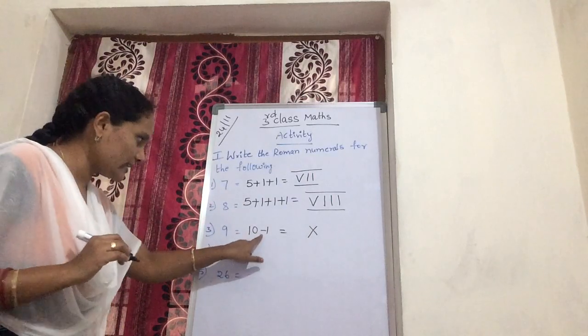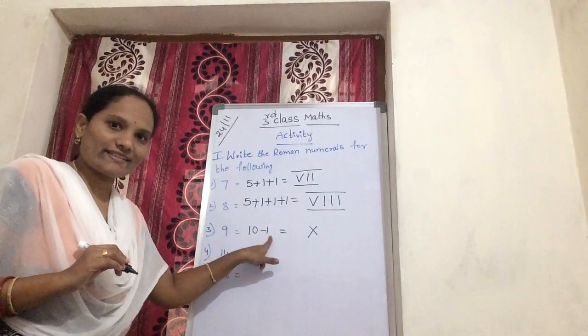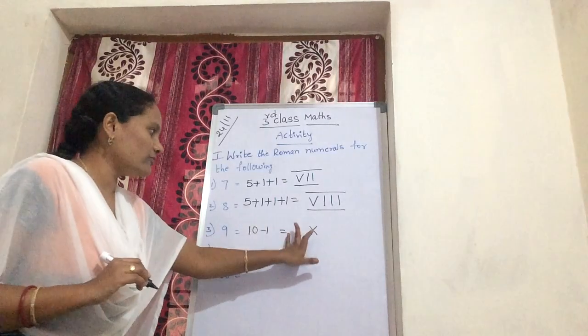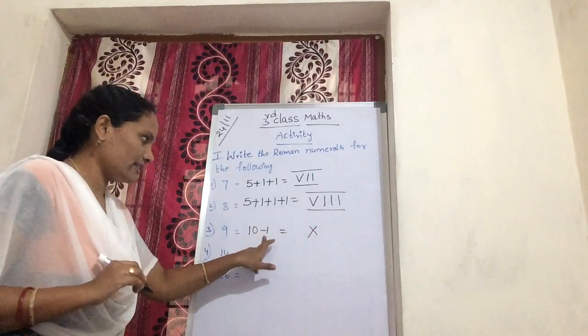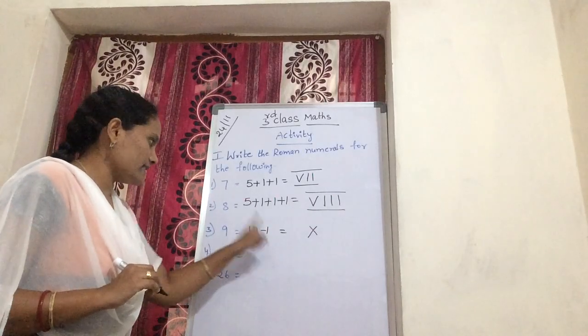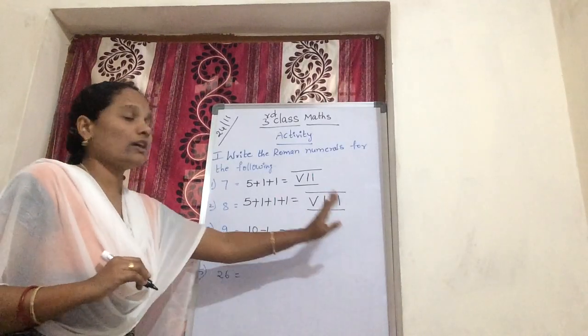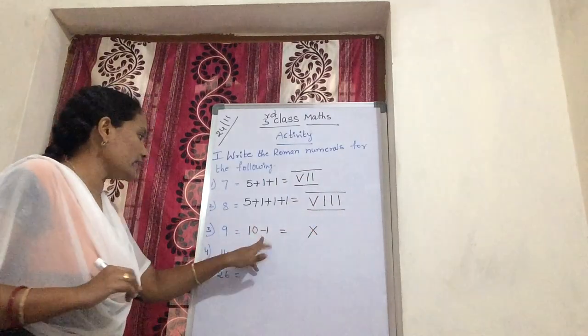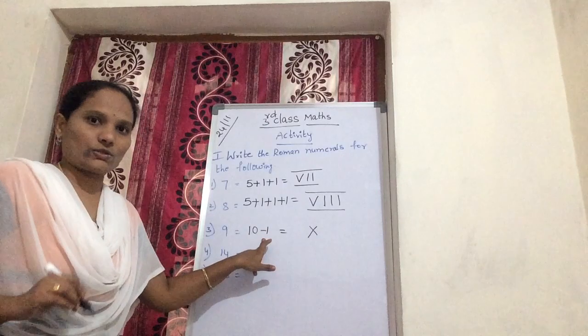Now here we are doing what? Subtraction. Minus 1 means subtraction. So will you write I before or after X? 1 for I. Where is the right place for I? Before, or left side, because here we are doing subtraction. Okay.